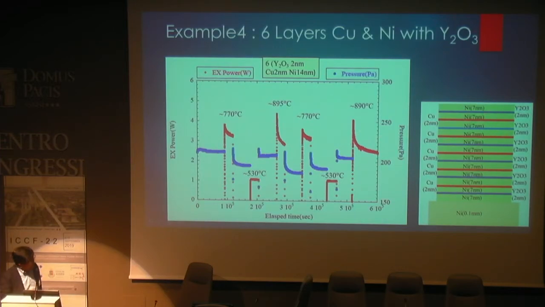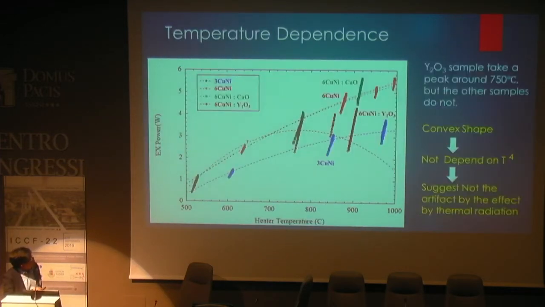And if we summarize these 4 examples, this figure shows the temperature dependence for 4 samples. Blue is 3 layers, and red is 6 layers, and green is 6 layers with calcium oxide, and this one is 6 layers with Y2O3.